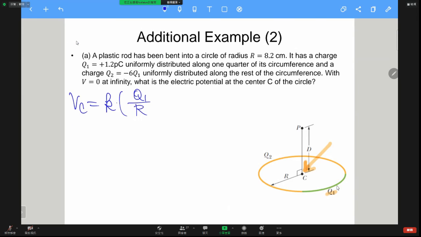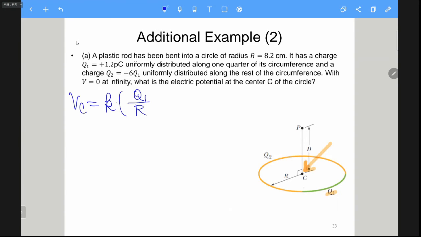So Q1 over R, it is pretty much okay. Even though you can still try to separate into many small segments, so you have the dq over R, but actually R is a constant. So integrating it for a different angle will still be integrating a constant. So we just skip this part. And likewise, for Q2, we have a Q2 over R here.